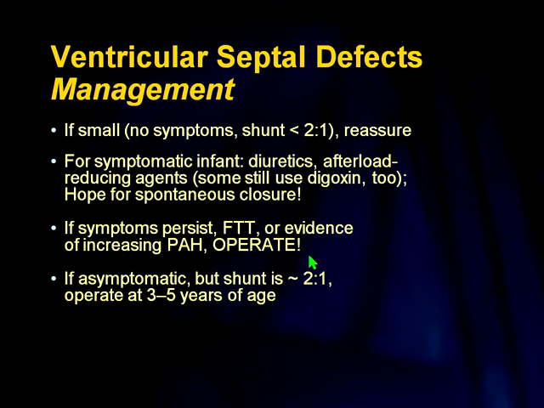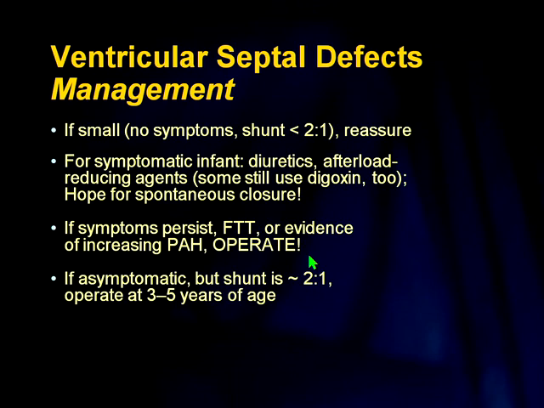How do we treat ventricular septal defects? If they're small, we don't do anything. Reassure. Okay? For symptomatic infants, so for that, remember we said that 4-week-old, 6-week-old comes in breathing hard, not growing. Medicines, afterload reducing agents, diuretics, hope for spontaneous closure. So you don't send them right to surgery because there is a good chance that this defect might get smaller or close on its own over time.